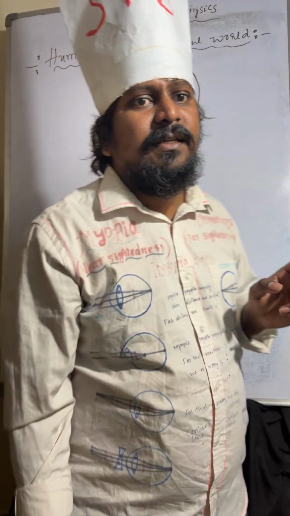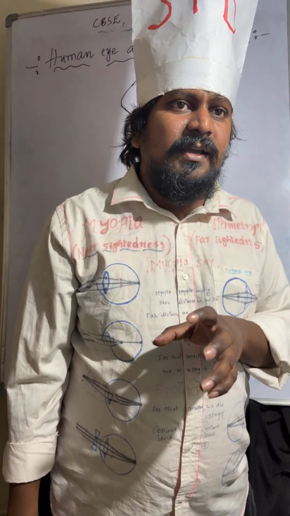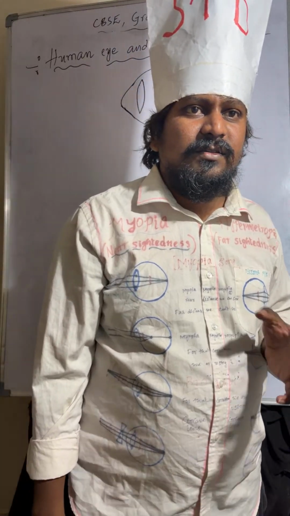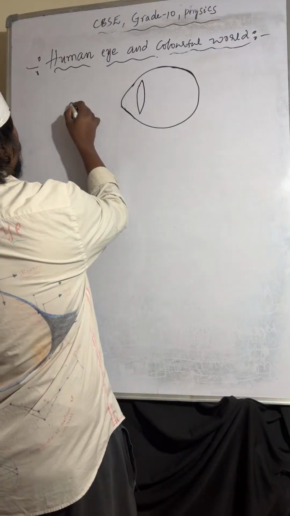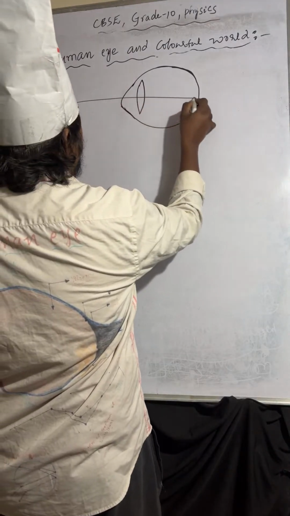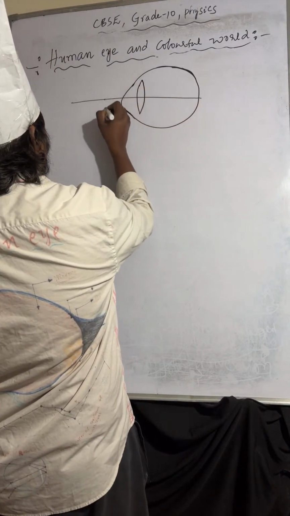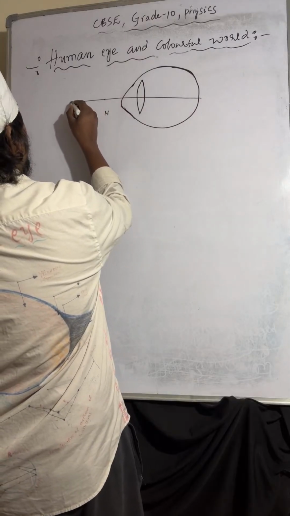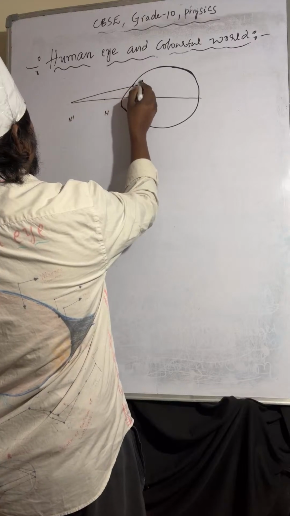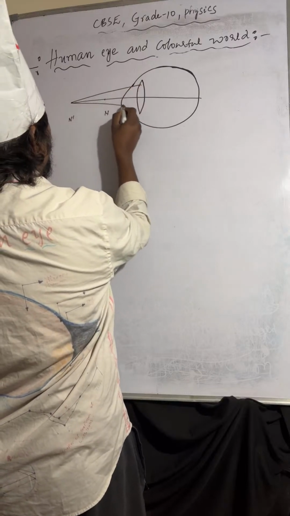Convex lens. So actually, inside of the eye, a convex lens is there. Understood? So now, this is the N and this is the N dash. If the light rays are coming from this point, those light rays will meet at the retina.